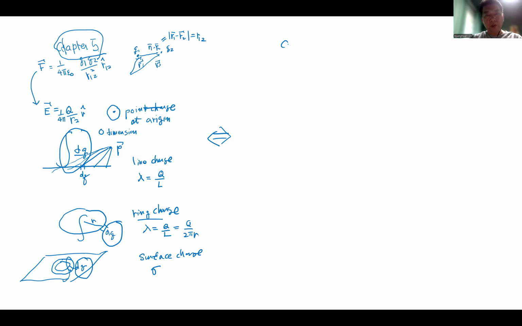But in chapter 6, we have the Gauss theorem, such that the integral of E dot dA is Q enclosed over epsilon naught. So the integral of the dq is changing into the surface integral, usually over a closed surface.